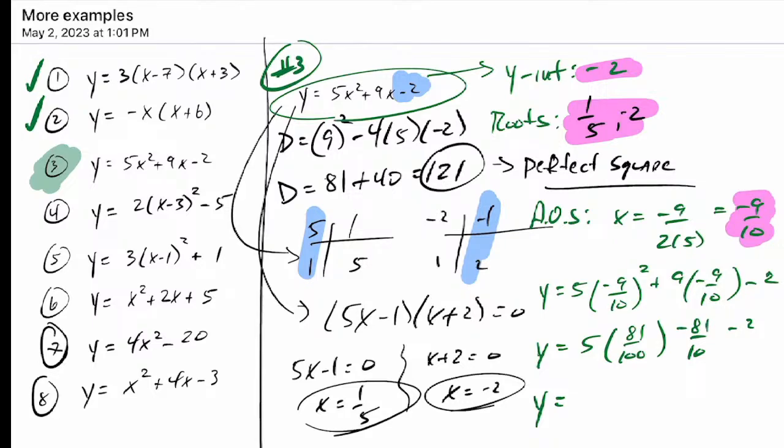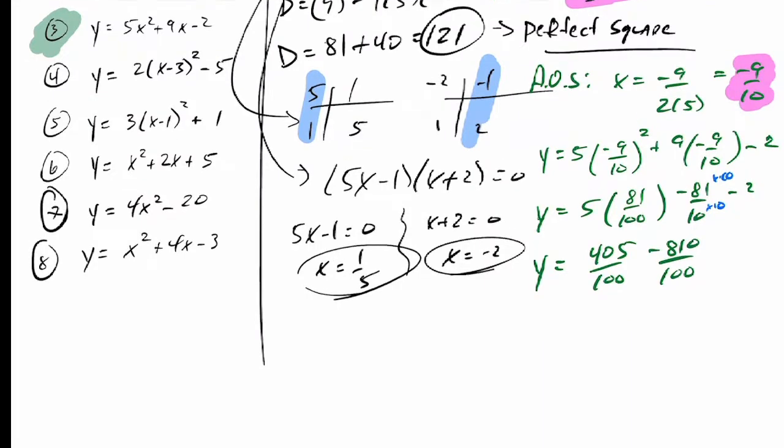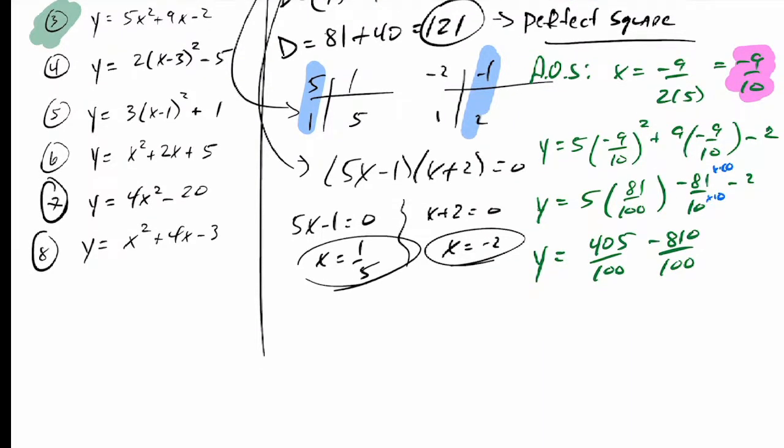So I am getting here 5 times 81. So this is 405 over 100 minus 810 over 100. Again, I multiplied top and bottom by 10 to get a common denominator with that one. Actually, I'm probably in the way. You can't see well. And lastly, this will be 200 over 100. Again, depending on what calculator you have, you probably can get it done in one shot.